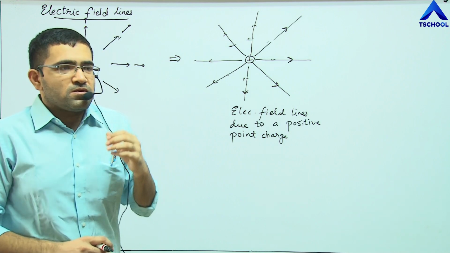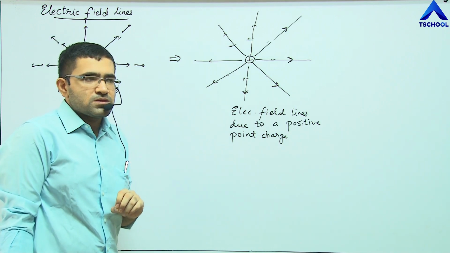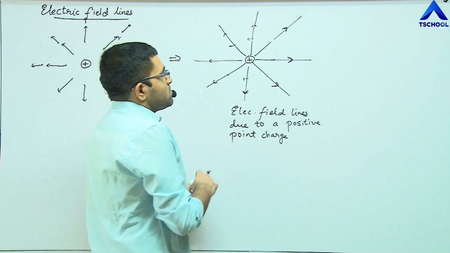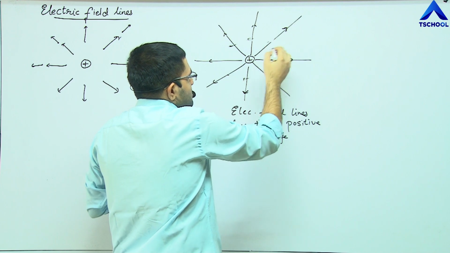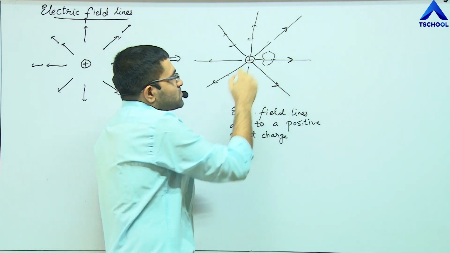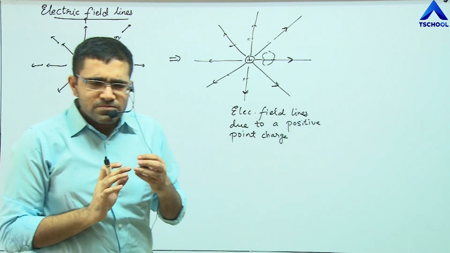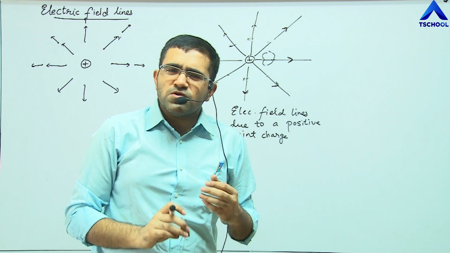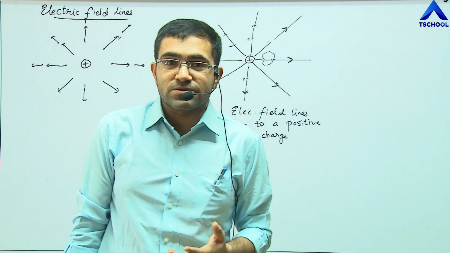There's one more thing about electric field lines. If you have a look at some area over here, you could say there's only one field line. But the number of field lines that we draw is actually up to us. It is arbitrary.